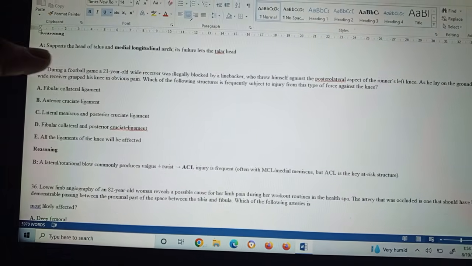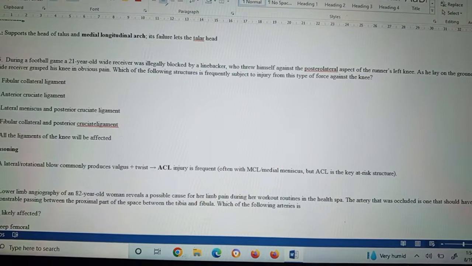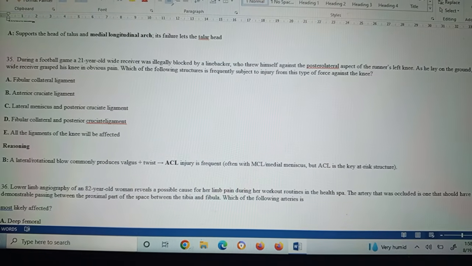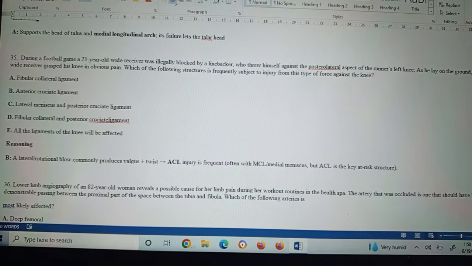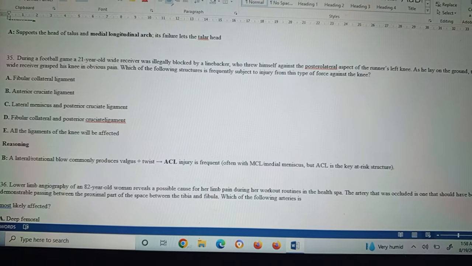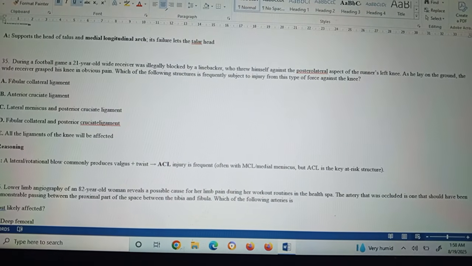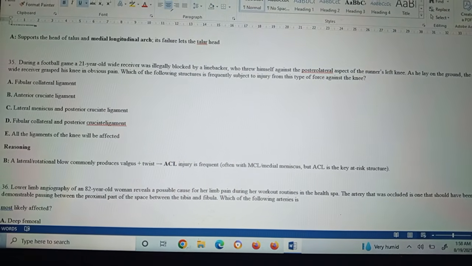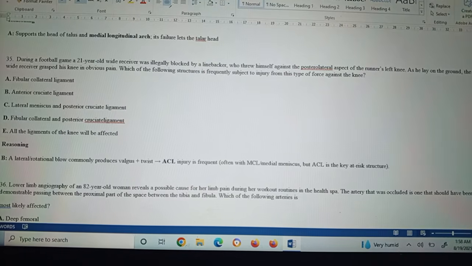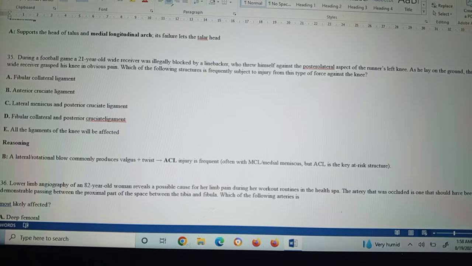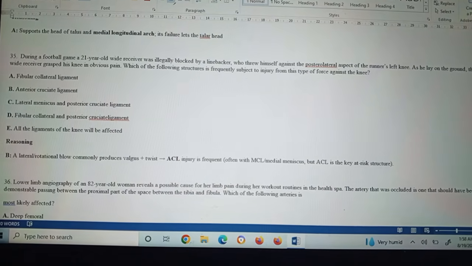Now comes to question number 35. During a football game, a 21-year-old wide receiver was illegally blocked by a linebacker who threw himself against the posterolateral aspect of the runner's left knee. As he lay on the ground, the wide receiver grasped his knee in obvious pain. Which of the following structures is frequently subject to injury from this type of force against the knee?